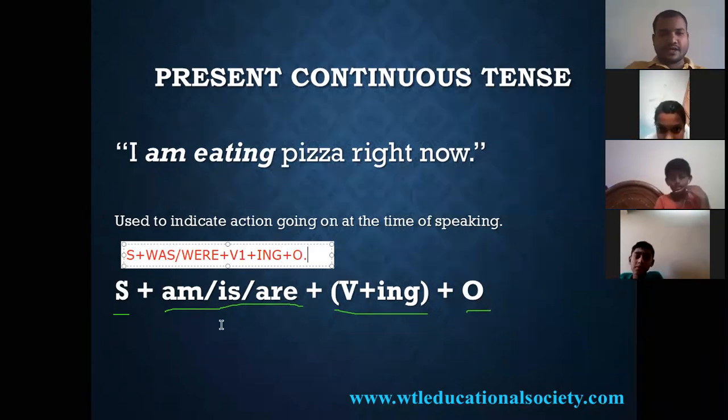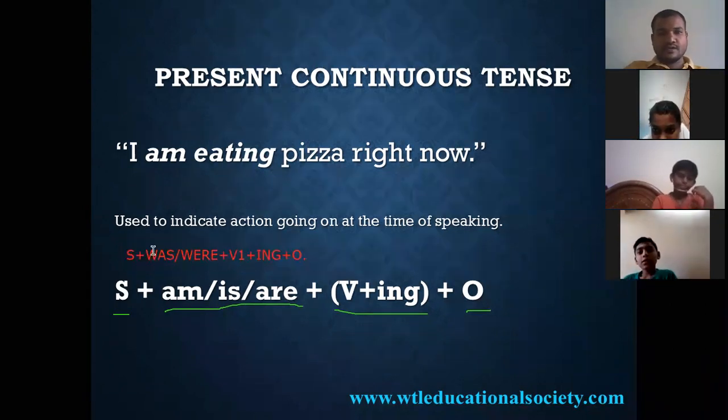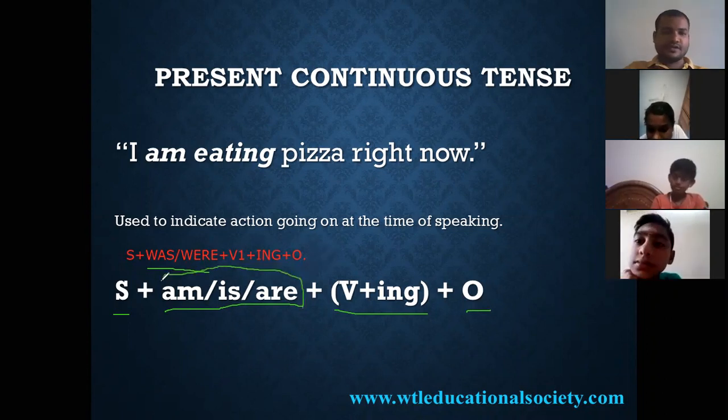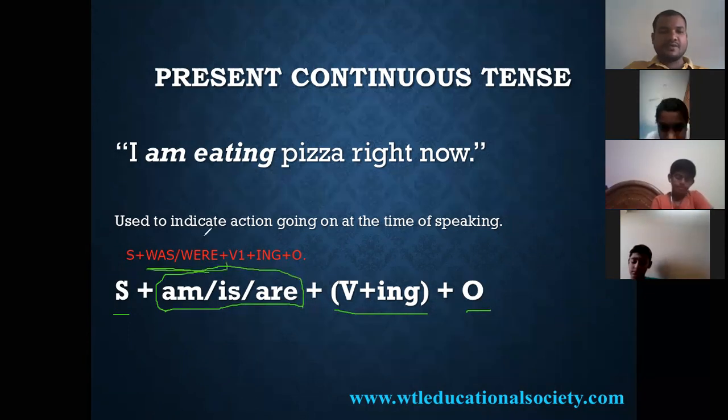Okay. So here, what is the difference between past continuous and present continuous? Was and were mean past continuous, sir. Am, is, or are mean present continuous, sir. Very good. So there is only one difference, the helping verb.